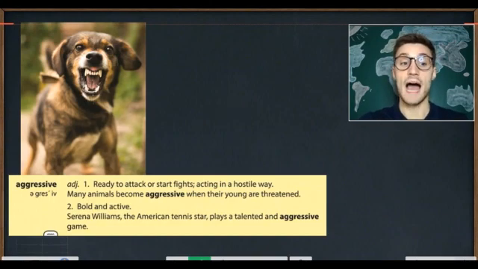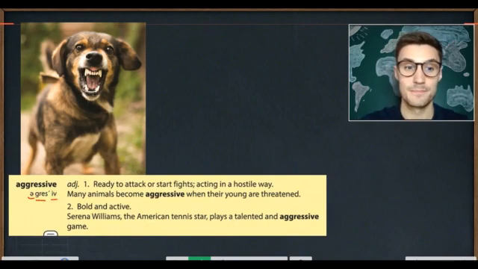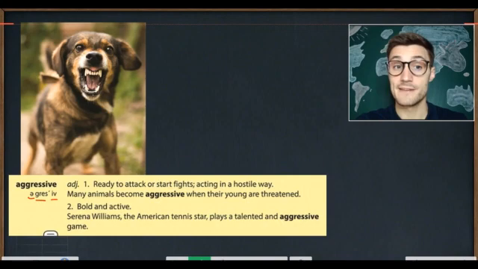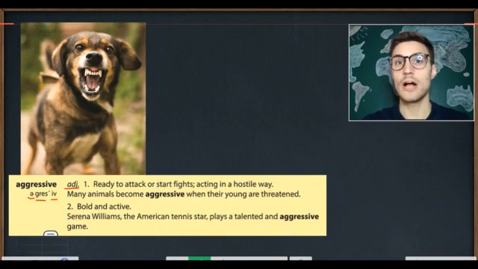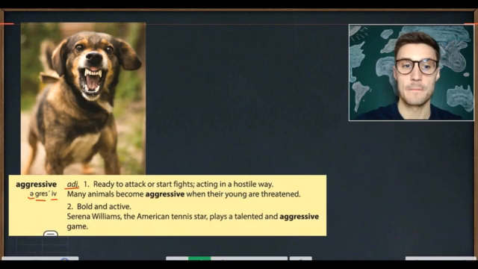Next, it is aggressive. Aggressive. Now, aggressive here has two adjective meanings. An adjective is a word that tells you more about a noun, so it describes a noun.